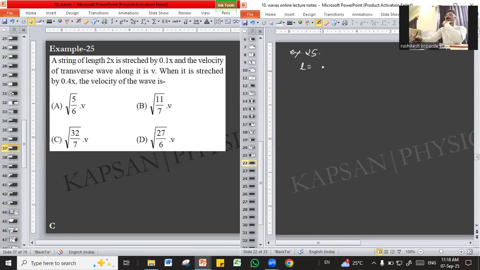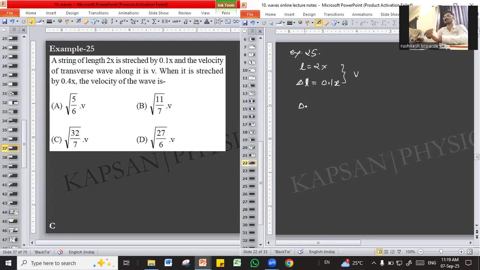So we have a string having length equal to 2x. It's been stretched. When you stretch it, obviously tension will be developed in it. So use the concept of stress and strain. There will be development of stress. From the stress, you can figure out what the tension is. And in that case, the speed of the wave was v.